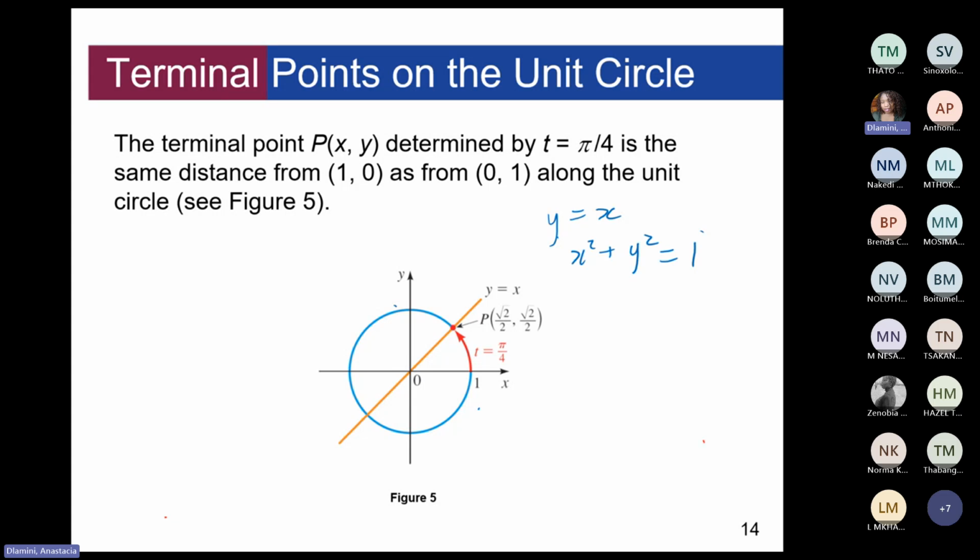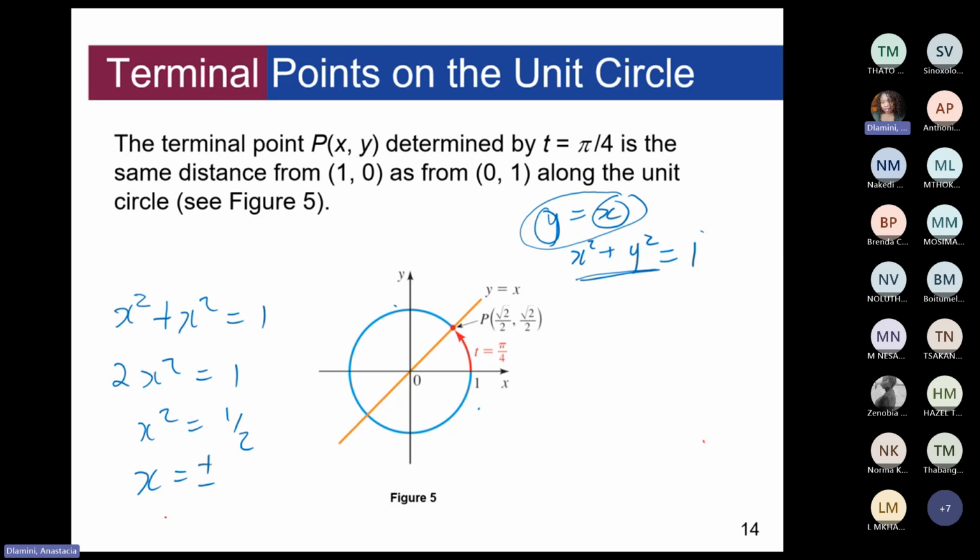We have x squared and we don't have x, so we take this equation and substitute it in here. So this becomes x squared plus, where you see y, you put x. So 2x squared is equal to 1. Then x squared is equal to 1 over 2. Then x is equal to plus or minus 1 over the square root of 2.